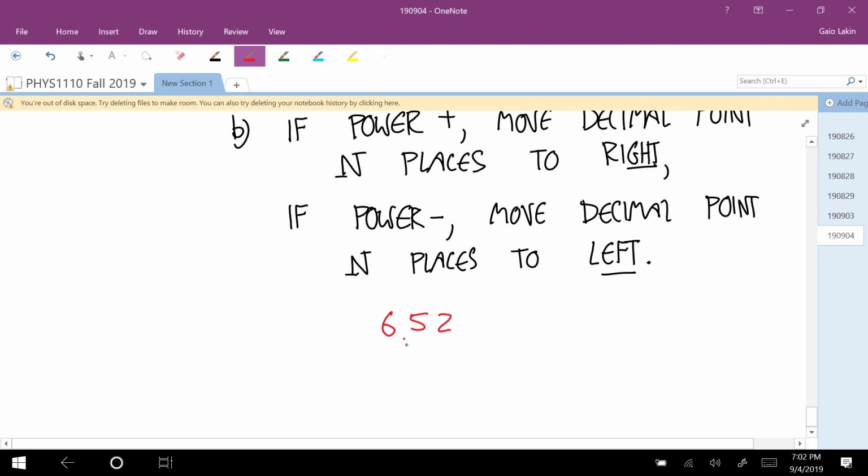And since our n is 4 and the power was negative, I'm going to move the decimal point n places to the left. So I'm going to start here and go 1, 2, 3, 4, and there's the decimal point. And all those gaps have to be filled in with zeros. And so there's the answer. Any questions about that?